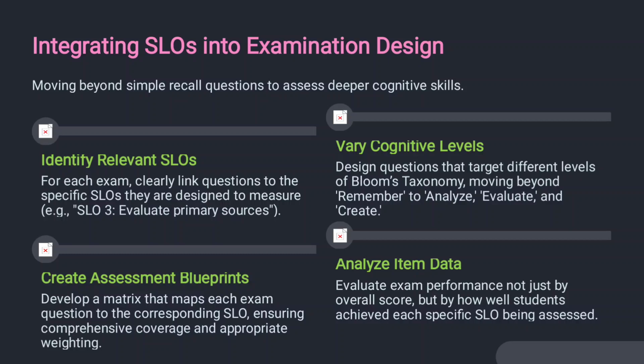Integrating student learning outcomes into examination design, moving beyond simple recall questions to assess deeper cognitive skills. The first thing is to identify relevant SLOs. For each exam, clearly link questions to the specific SLO they are designed to measure.